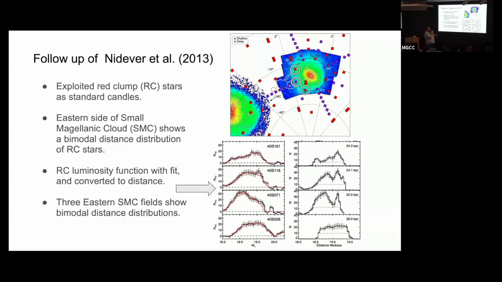Specifically, three of the regions he studied show this bimodal distribution, with a foreground subpopulation of stars.